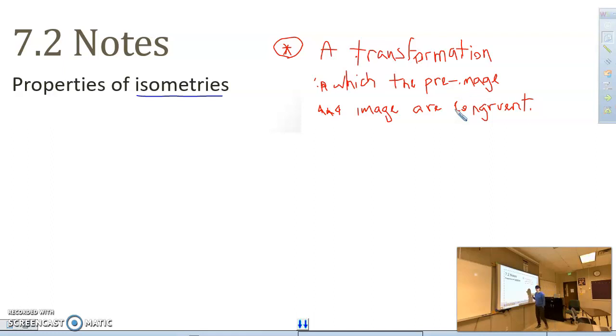That looks terrible, but so the preimage and the image are congruent. In other words, the size and shape stays the same when you do your transformation.